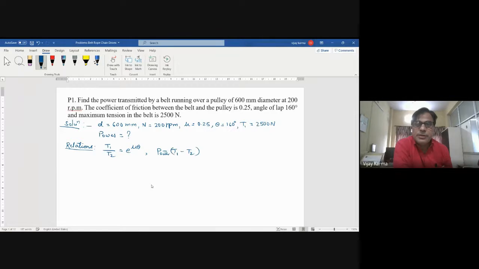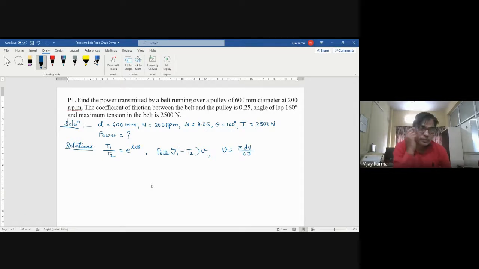So power is (T1 minus T2) into V. This expression requires the values of T1, T2 and V. The relation between T1 and T2 is this, and for V, since we have the diameter and the RPM, we can find the velocity as pi D N by 60.